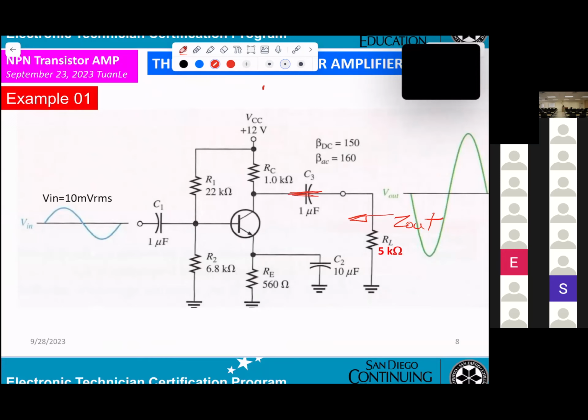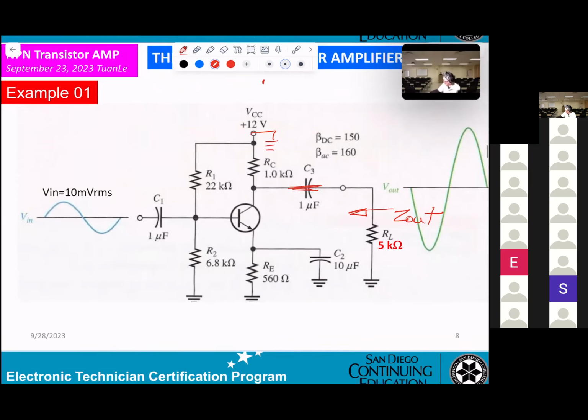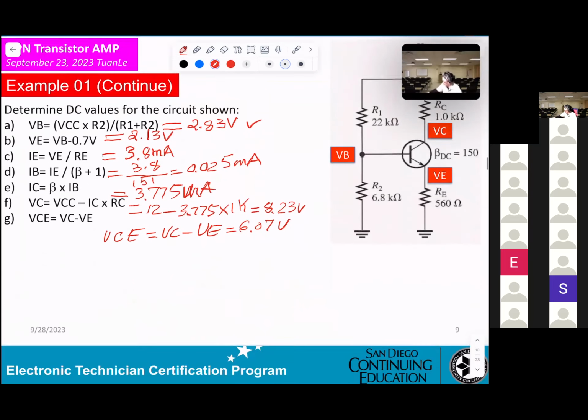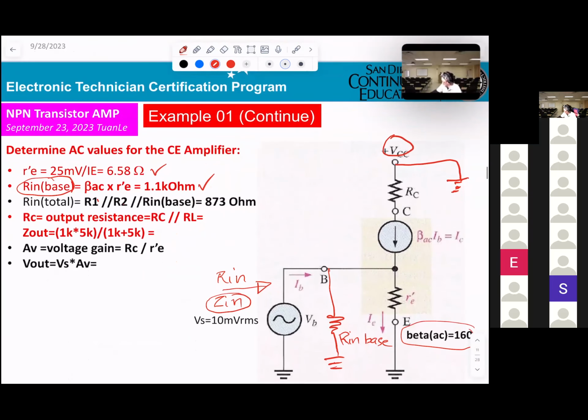And this 12 volt, when you change to AC, will be ground. So that's why RC parallel RL. So the output resistance equals RC parallel RL, that means 1K parallel 5K.